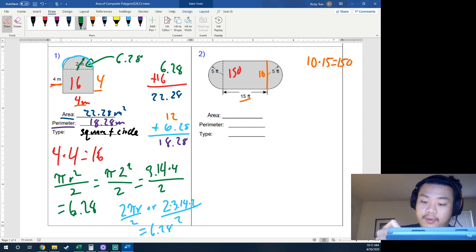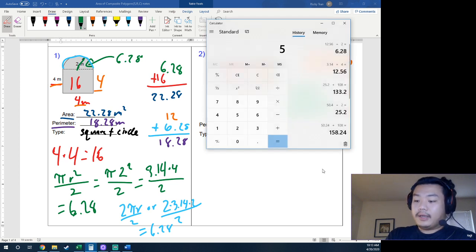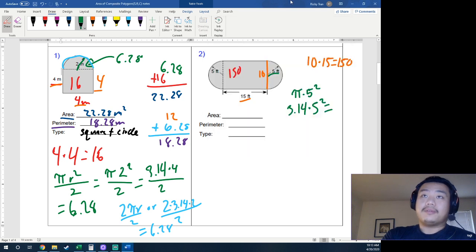So it's going to be pi times 5 squared, or 3.14 times 5 squared. 5 times 5 times 3.14 is 78.5.